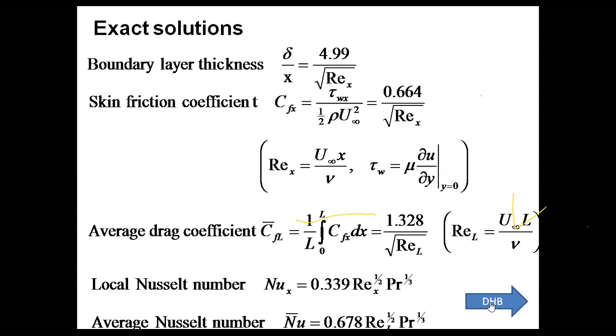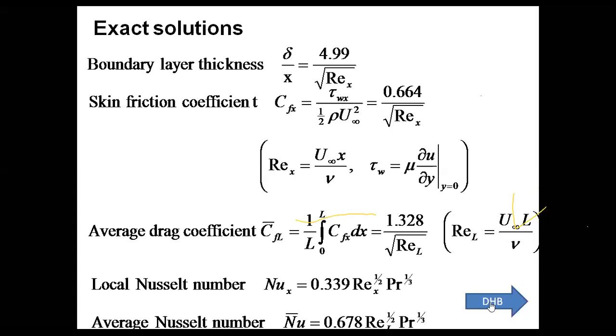Similarly, you have the equation for the friction coefficient, also known as friction factor or friction coefficient. Both mean the same. One more thing you need to concentrate on. All these equations that are listed here are valid only for laminar flow.